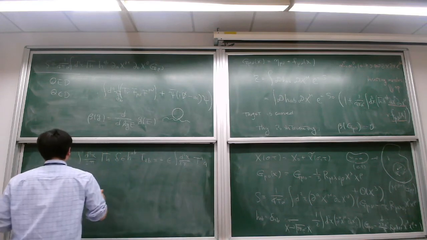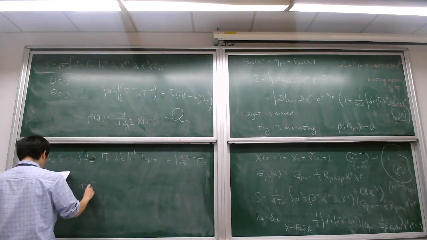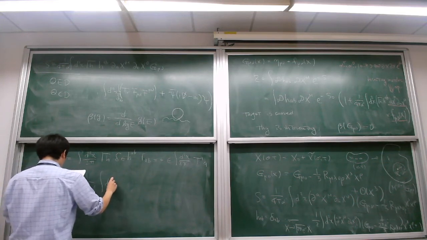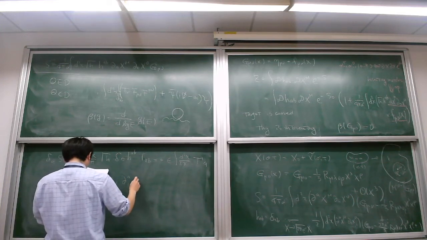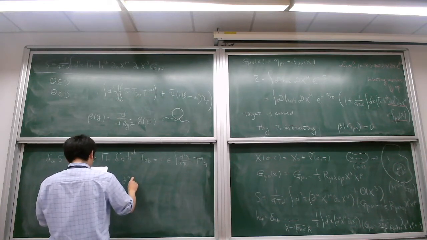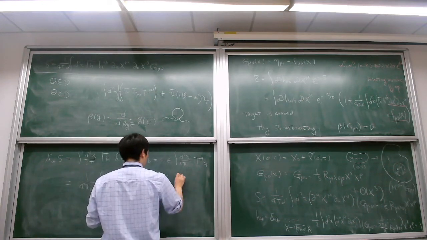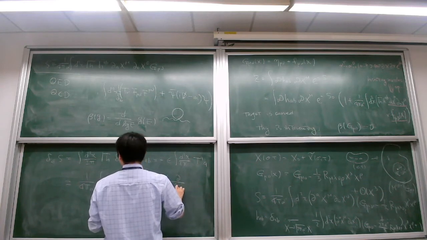On the other hand, this scaling of the theory can be understood as the renormalization group flow.